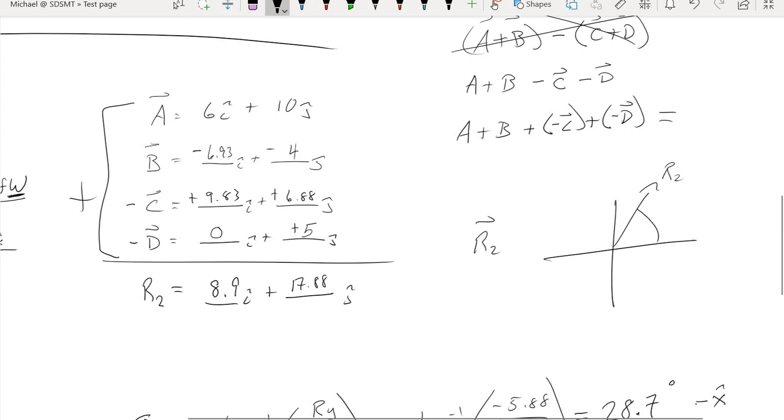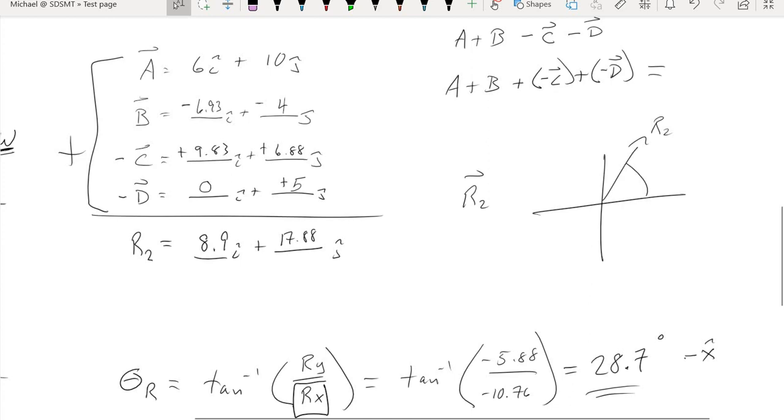And now if I need to know the magnitude of R2, I can plug that into the square root of the sum of the squares. If I need to know the angle for R2, I'll call that theta 2. I can plug that into my inverse tangent. I'm working with a positive x component here, which means my angle will be measured from the positive x-axis, just as I've drawn it here.